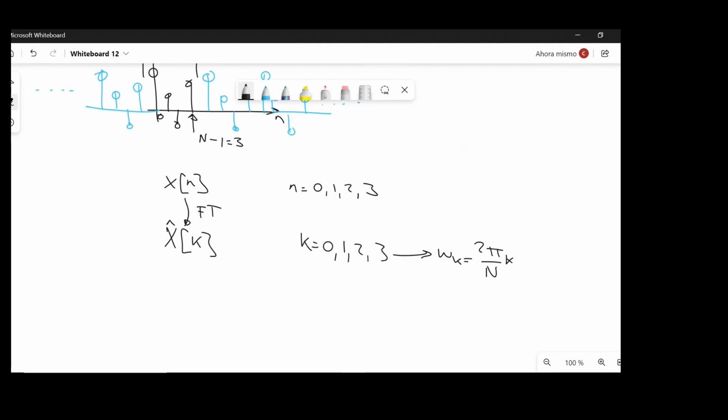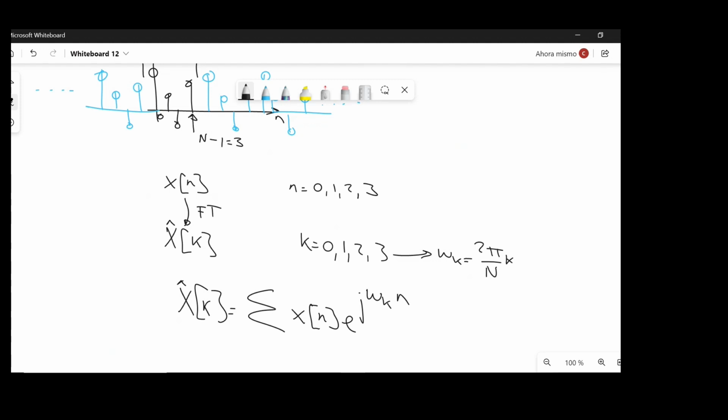Okay, so now what is the formula? The Fourier transform is something like this. So it is the sum. Here is k, but here I'm substituting by omega k.